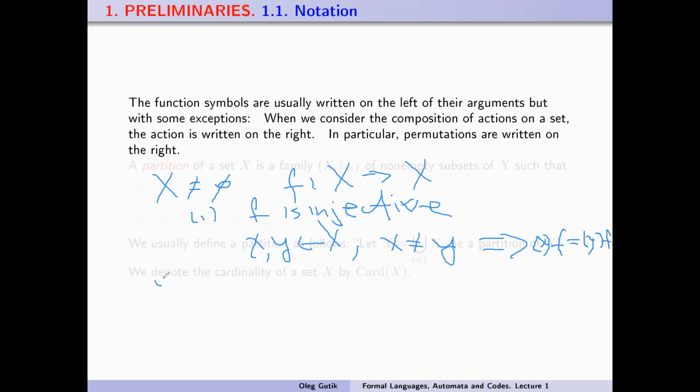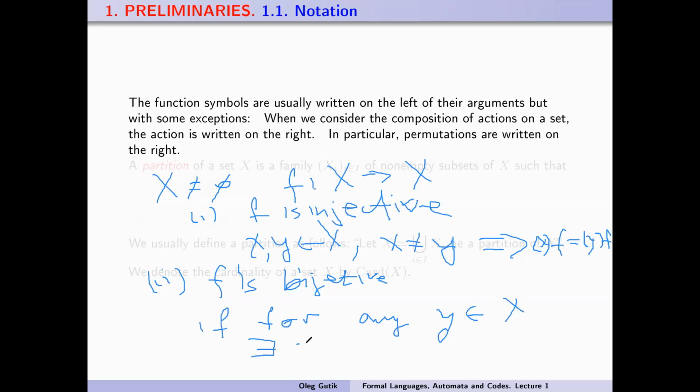The second property is bijection. So f is bijective if for any y from X there exists x from X such that the image of x by f is equal to y.